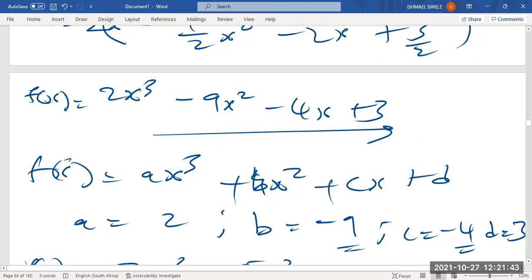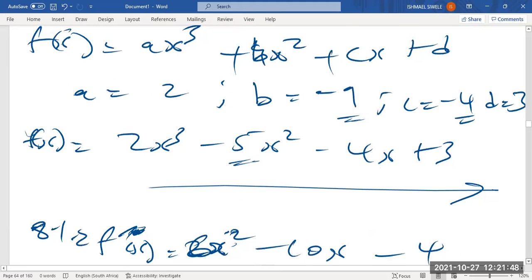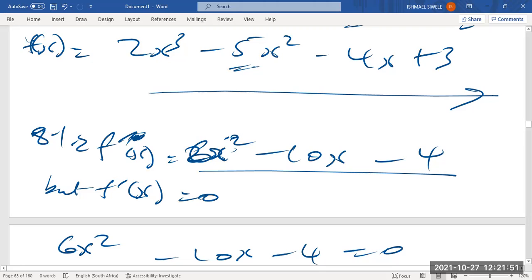So let me just retrieve the graph, because it's very, very important. We know that f prime of x is 6x squared minus 10x minus 4.